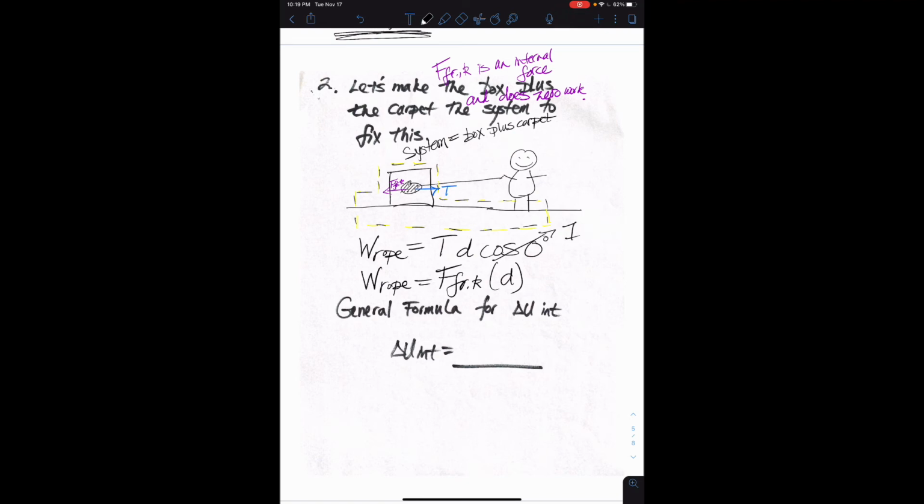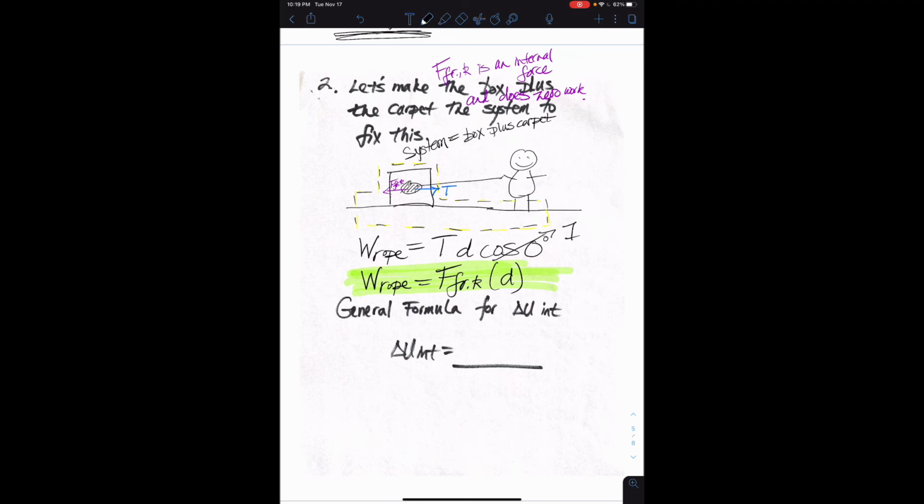And what we did right there is derive another way to express the work done by the rope, right? The reason this is important is because this work done by the rope is going to be in the final part of our conservation of energy, showing up as that delta E thermal, as the heat, right?